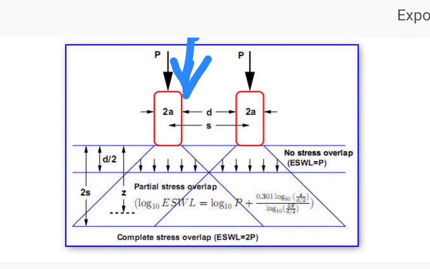Here one more wheel arrangement is there. For that also we are considering the same P magnitude, and 2a is the diameter of the contact area, the radius of contact area is small a, so 2a is the diameter, small d is the distance between the two wheels, and small s is the center to center distance between the two wheels. That is the dual wheel assembly.